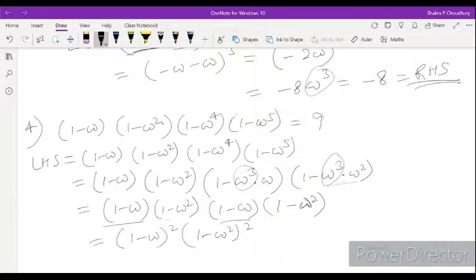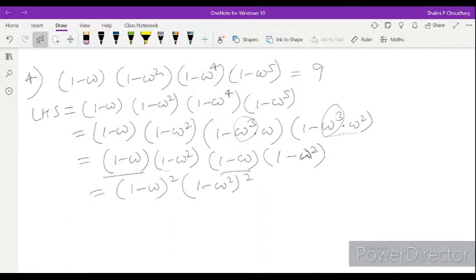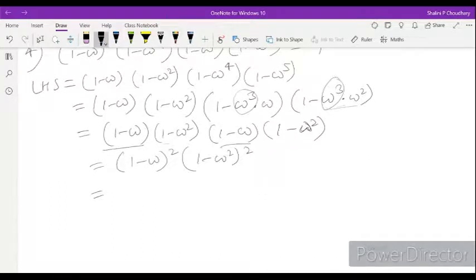Now we'll find out the value. How will we find it?